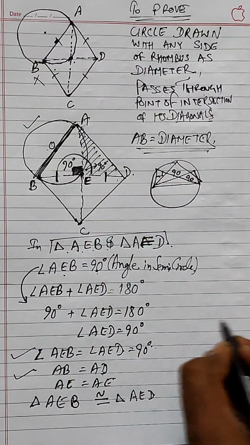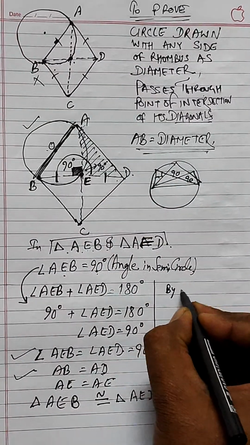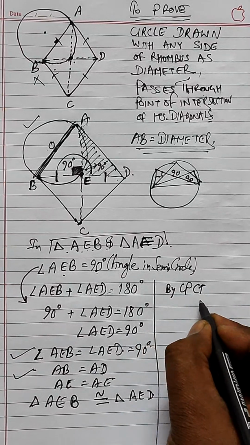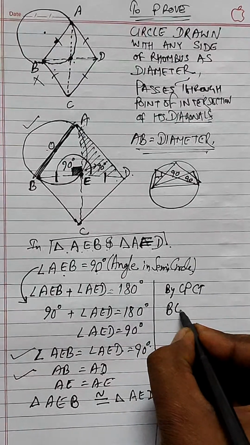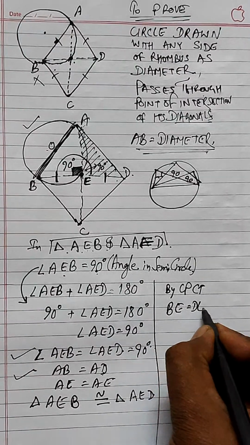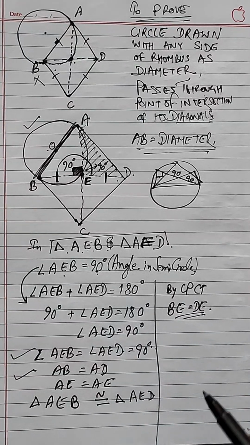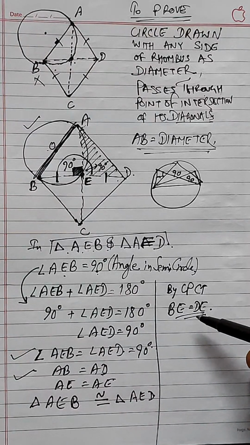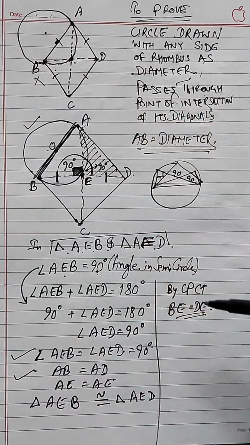So I am writing it over here. By CPCT, corresponding parts of congruent triangles, BE equals DE. So if BE equals DE, we can say that the circle drawn with AB as diameter passes through E.